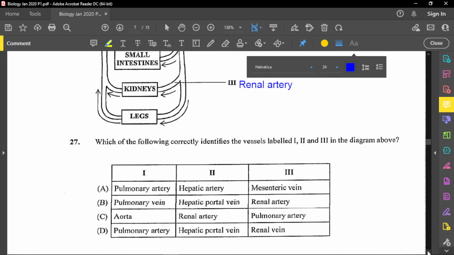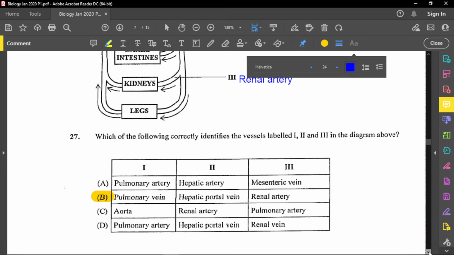It asks which of the following correctly identifies the vessels labeled 1, 2, and 3. If you go back to your diagram, you actually see how I labeled them. And so 1, 2, and 3 for 27 here has to be B. The pulmonary vein is 1, hepatic portal vein is 2, and the renal artery is 3. All right, so you can just go back a couple seconds and you'll see the answer there.